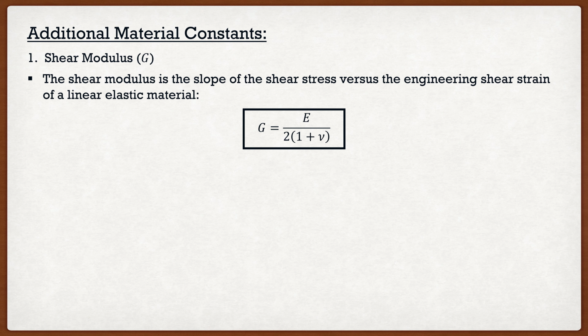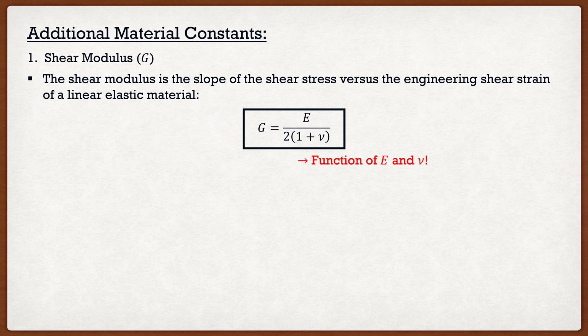Therefore, I can calculate G as simply E divided by 2 multiplied by 1 plus nu. And we can see that it's just a function of both the Young's modulus E and the Poisson's ratio nu. So even though it looks like I have 3 different components in that compliance matrix, I basically have 2, because once I know E and nu, I can calculate G. I have everything I need to know.